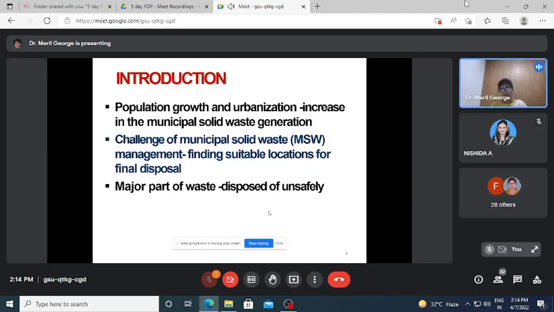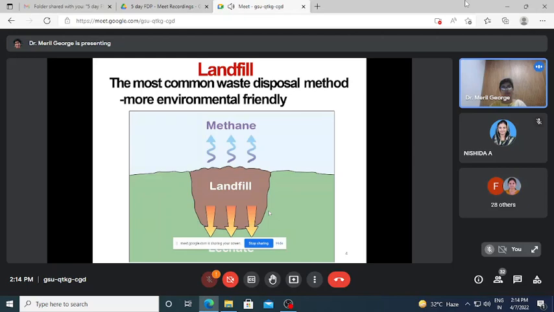Coming to the waste disposal techniques, the most common waste disposal technique is the landfill technique. But in most of the cases, a properly designed landfill is not there. They simply dump without any treatment to the ground or the surface of soil.